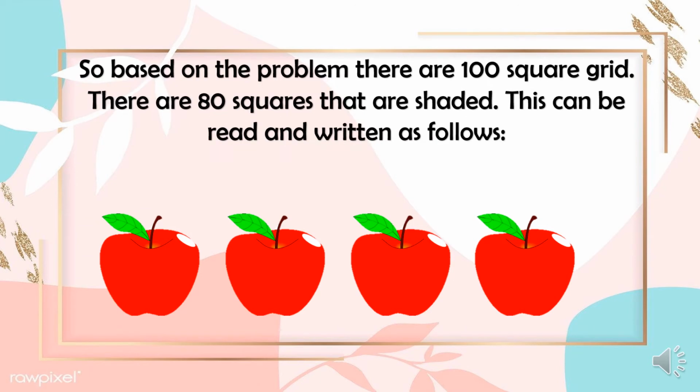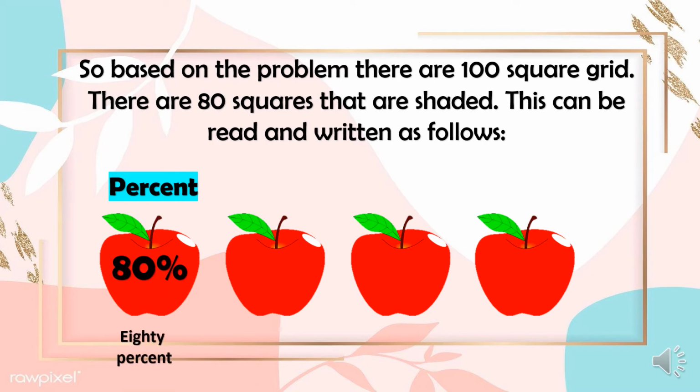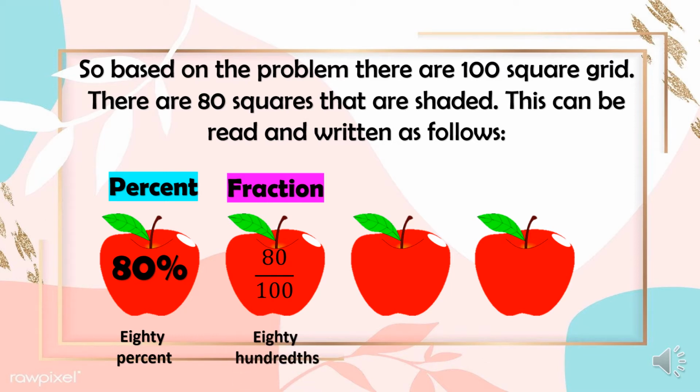So based on the problem, there is a 100 square grid. There are 80 squares that are shaded, and this can be read and written as follows. For percent, we have 80%, and we read this as 80 percent. And for fraction, that is 80 over 100, or we can read this as 80 hundredths.